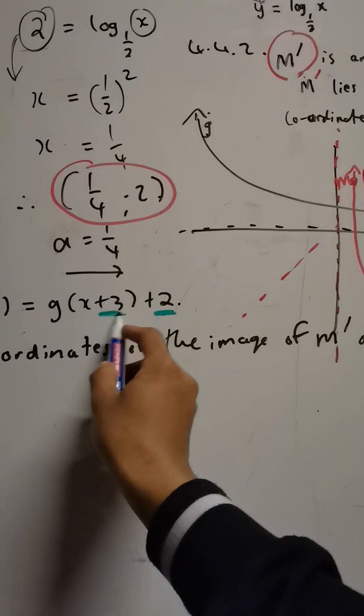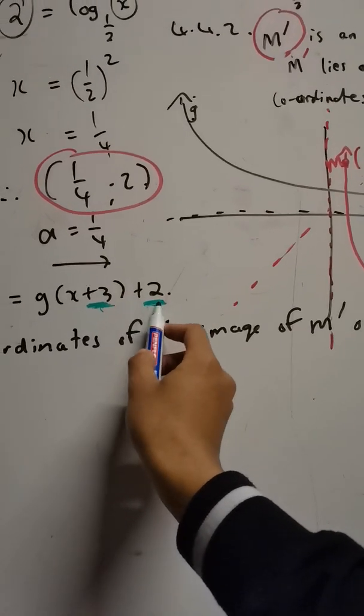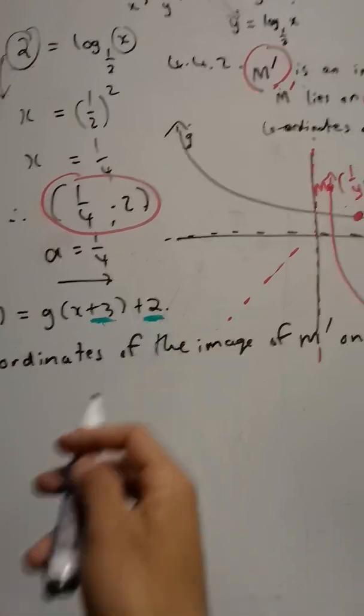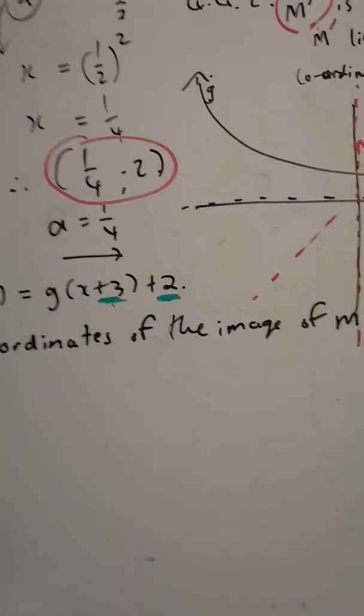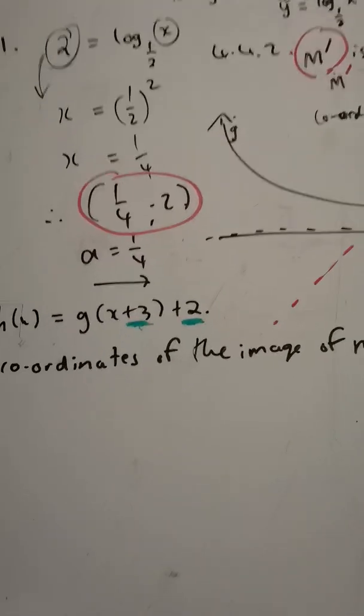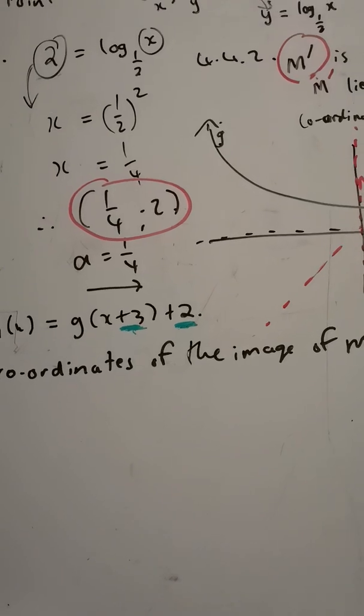But anyway, they ask for the coordinates of the image of m dash on h.